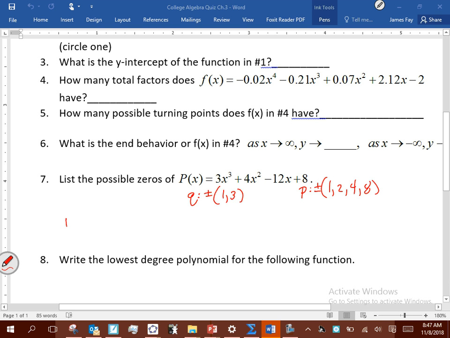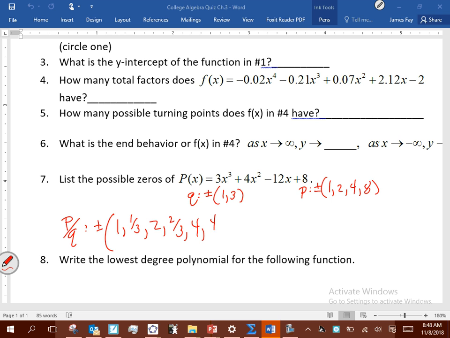So our p over q's are going to be plus or minus 1, 1/3, 2 and 2/3, 4 and 4/3, and 8 and 8/3. Those are the things I'm looking for. How you wrote it as plus or minus, or wrote each one out, positive 1, negative 1, 1/3, negative 1/3, that's fine.